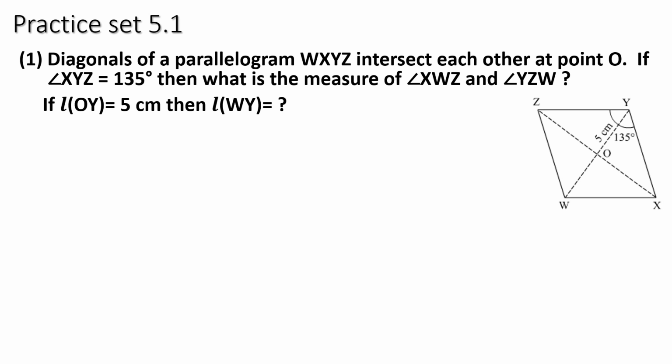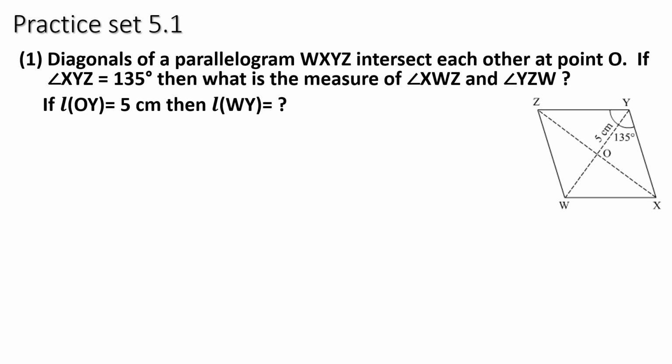Diagonals of a parallelogram WXYZ intersect each other at point O. If angle XYZ equal to 135 degrees, then what is the measurement of angle XWZ and YZW? If length of OY equal to 5 centimeter, then length of WY equal to question mark. Means we have to find out measurement of two angles and one side.